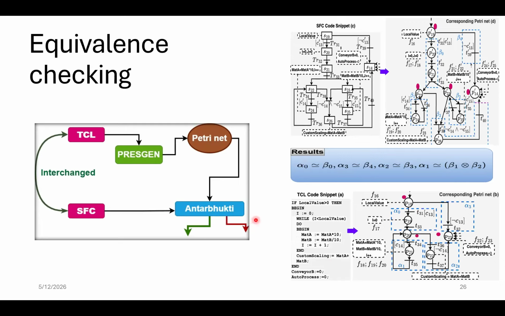If we run Antarbhukti twice and interchange the input, then instead of the SFC, if we can take the TCL and, using the press gen, convert it to the PECTINET and then feed it into Antarbhukti, and the SFC also taken as SFC, then we can build the equivalence checker for the software migration use case.